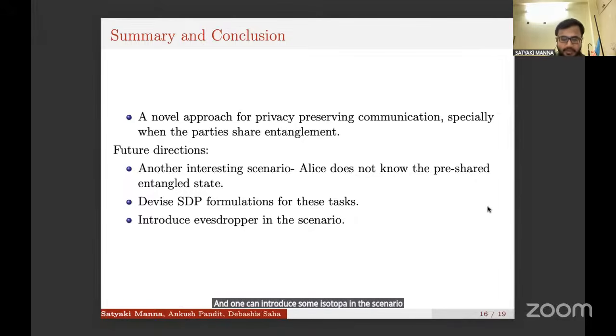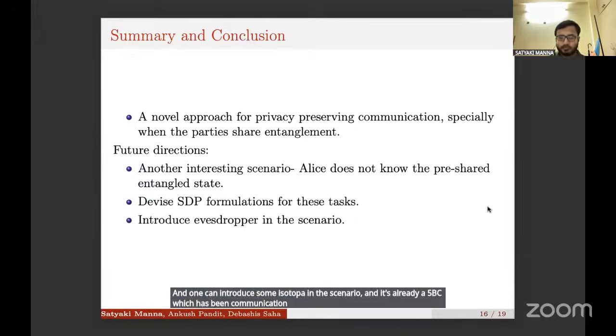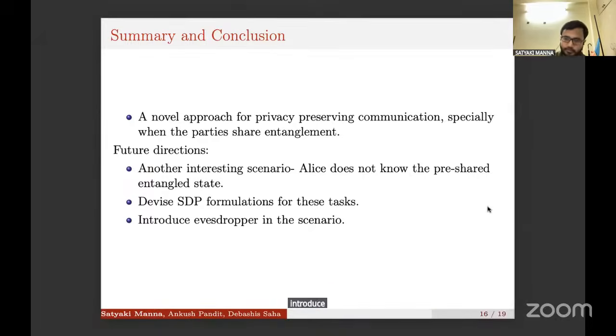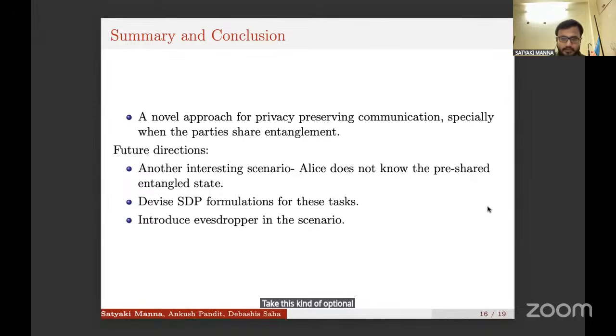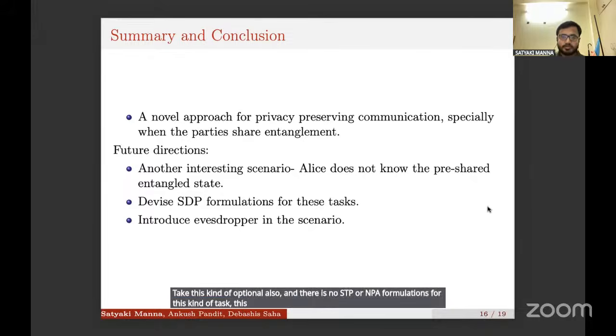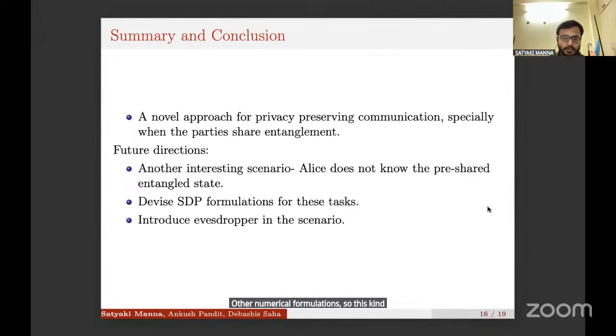It's already a privacy preserving communication task with respect to Alice and Bob, and introducing an eavesdropper might add a second layer of privacy, such that the eavesdropper's success probability is less than Bob's. There is no SDP or NPA formulation for this kind of task. Similar tasks with dimension constraints have already been well studied in semidefinite programming formulations and other numerical formulations. So such formulations can be devised for this task.